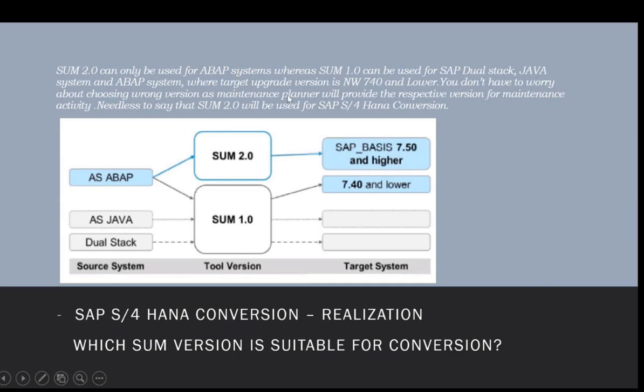We do not have to worry about this because once the maintenance planner is created, it picks up the SUM version automatically as per our requirement. SUM is basically an SAP provided tool which will help us in the conversion process from ECC to S/4HANA. SUM stands for Software Update Manager.